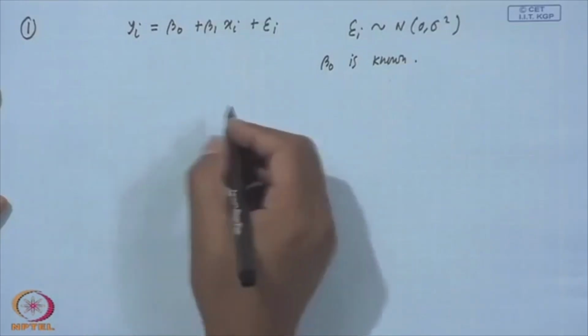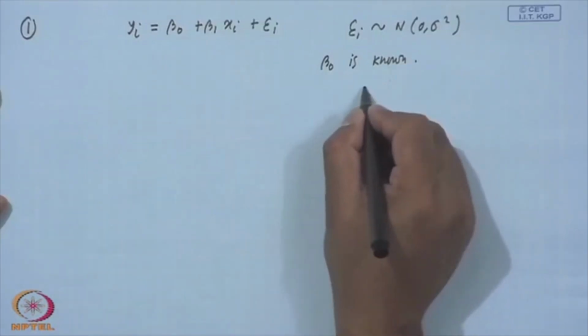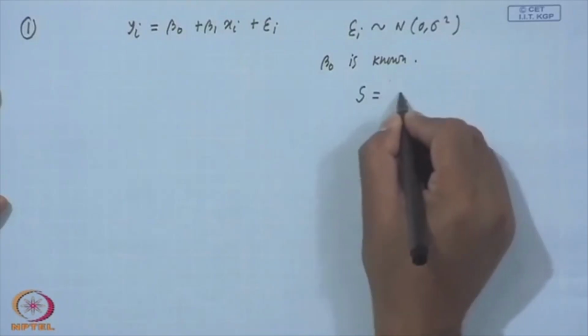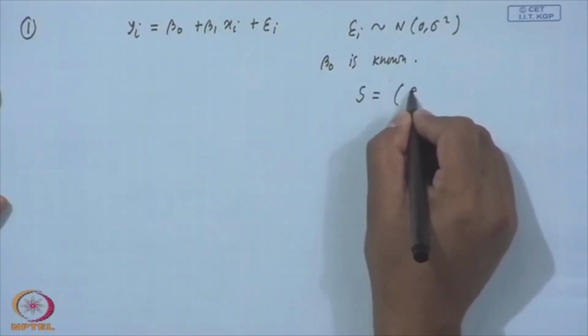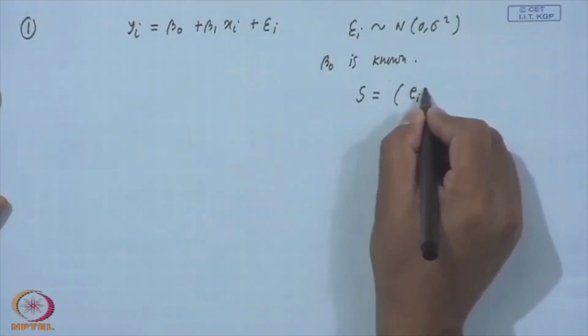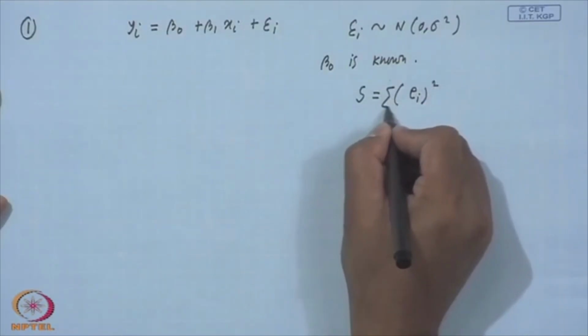Okay. So, how do we find that? We will compute the least square function S, which is equal to summation e i square. Okay.